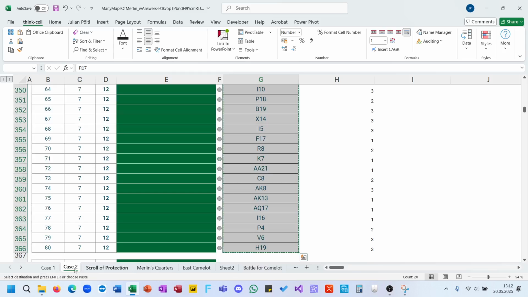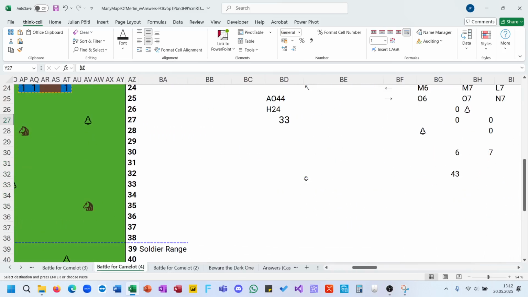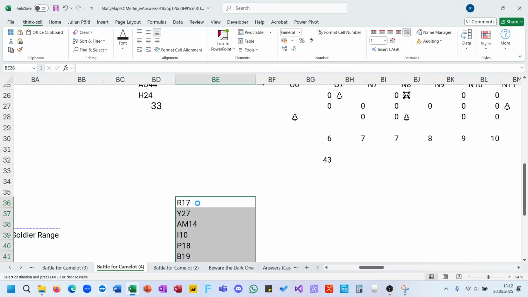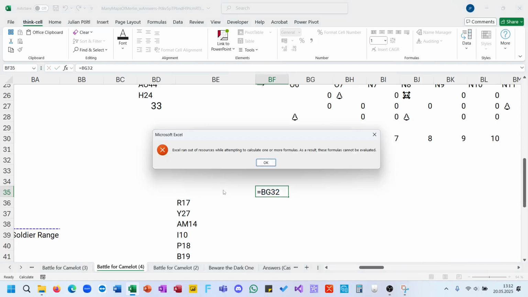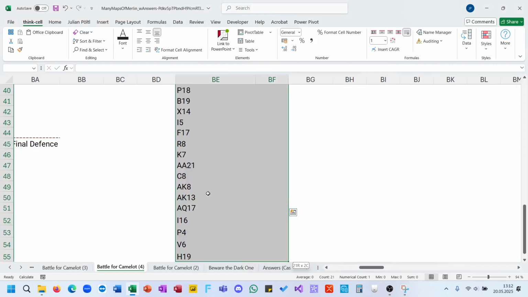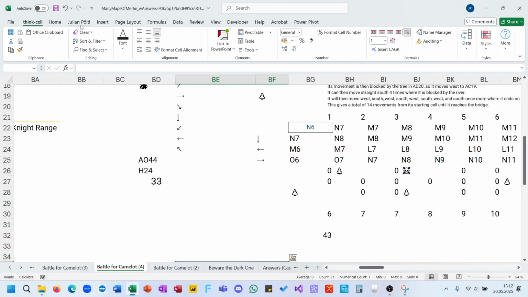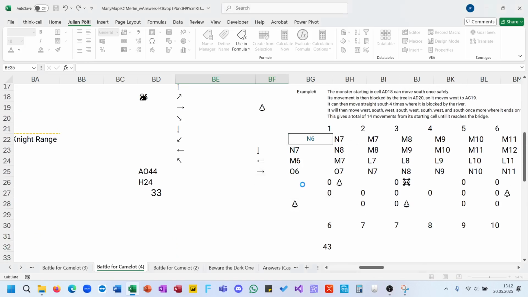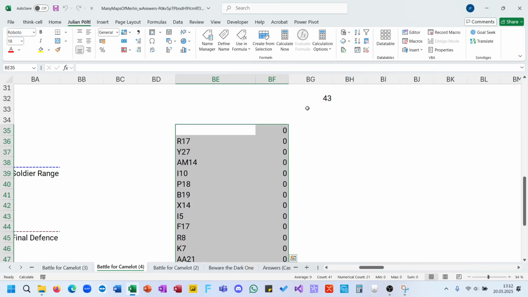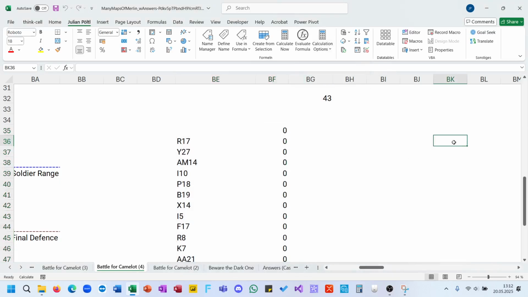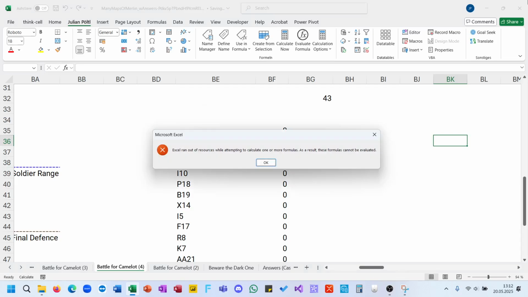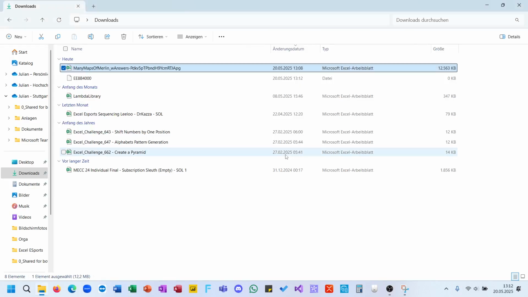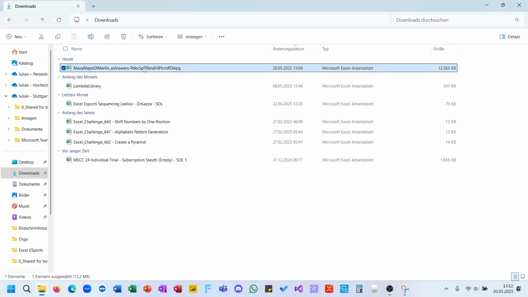Now I need all starting cells. This is so annoying. Data table, column input cell. Okay, close it. Reopen it.